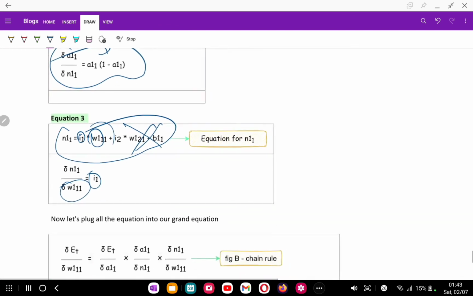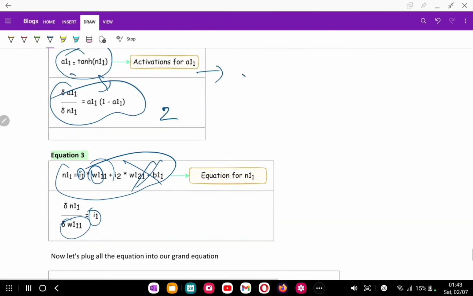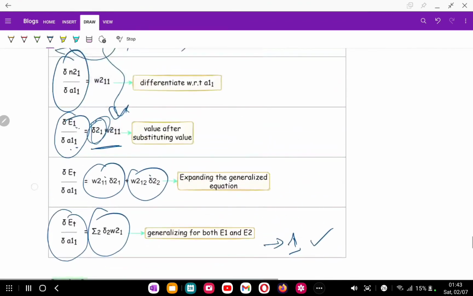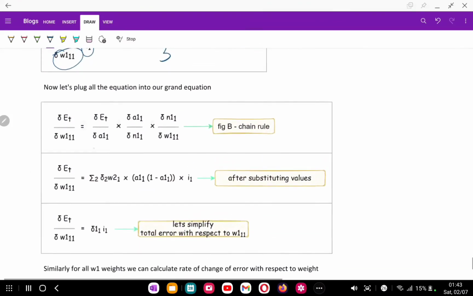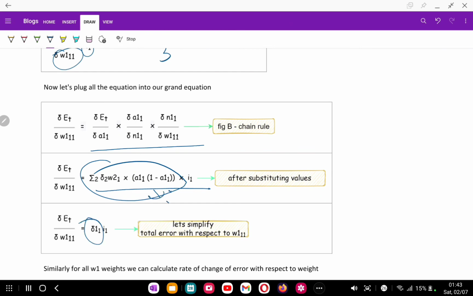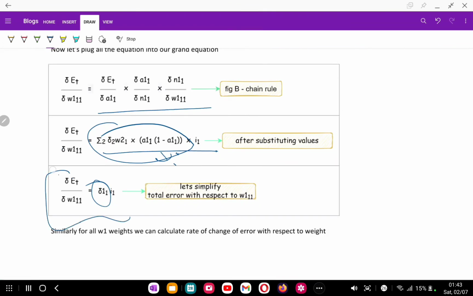Now you have all the three equations. This is second, this is third, and this is first. Just substitute here. After substituting, you obtain this value, and just simplify, write it like this. We are just renaming. So this is your error term with respect to W111.